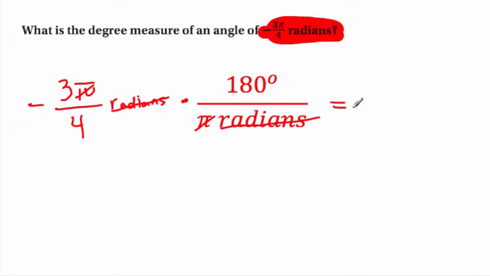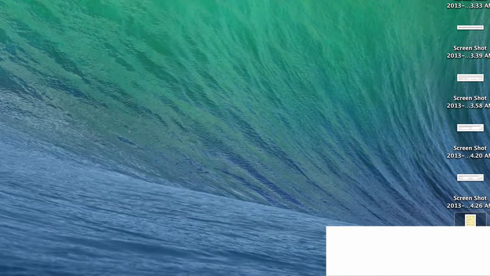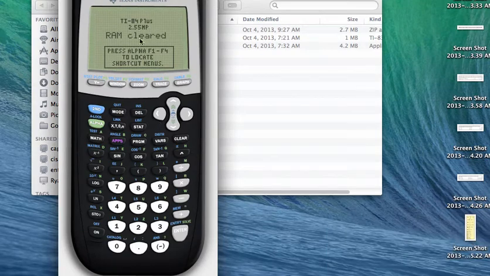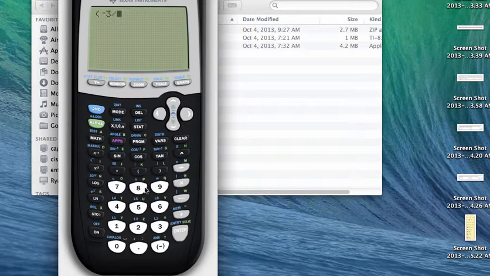Now I'm going to turn to my trusty calculator. I'm going to do negative 3 divided by 4 times 180. Enter. And I get negative 135.